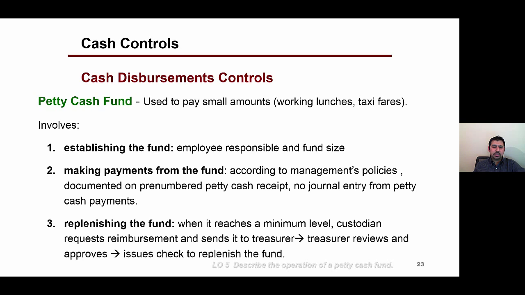At that point, they will send the request to replenish the fund as well as all the accompanying receipts to the treasurer, who will be verifying the information, and if everything is okay, they will replenish the fund at that point.